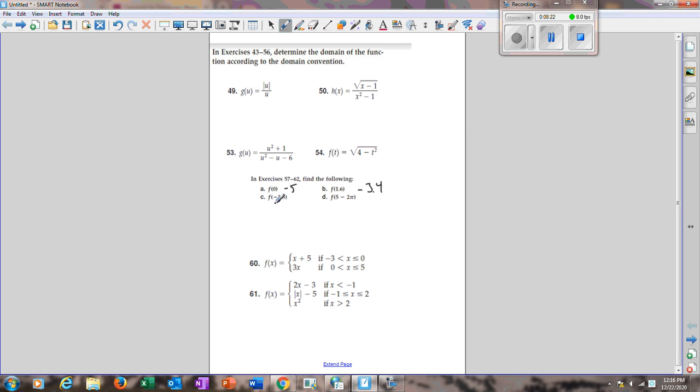Next is the negative 2.3. That would go into this one because negative 2.3 is less than negative 1. So we're going 2 times negative 2.3. That's negative 4.6 minus 3. That's negative 7.6.